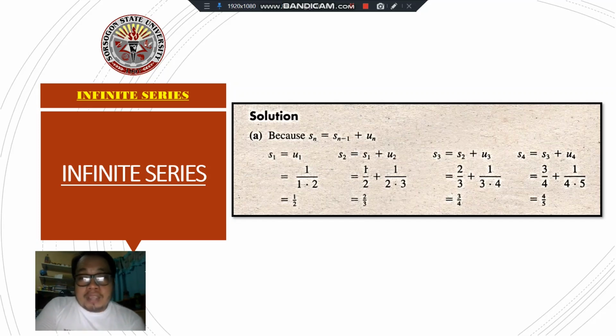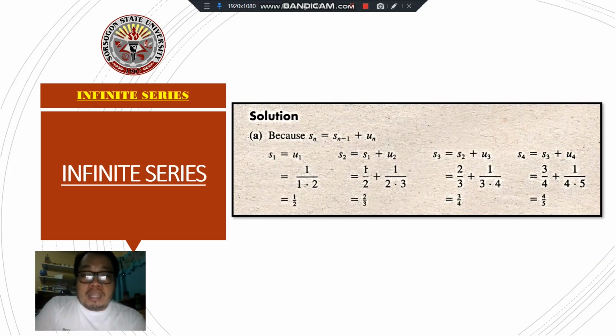Then for S sub 2, substituting 2 to n on the equation S sub n is equal to S sub n minus 1 plus U sub n, that is equivalent to S sub 2 is equal to S sub 1 plus U sub 2.